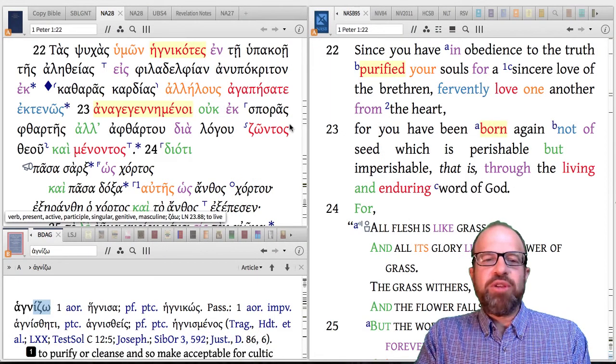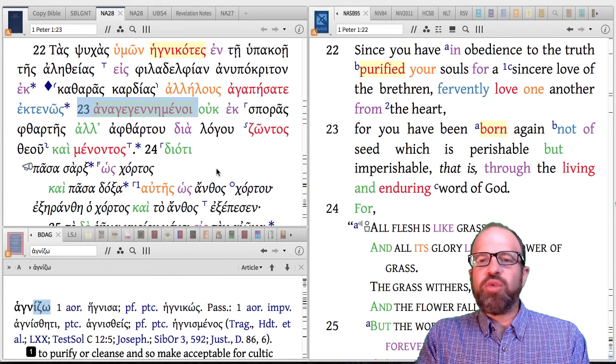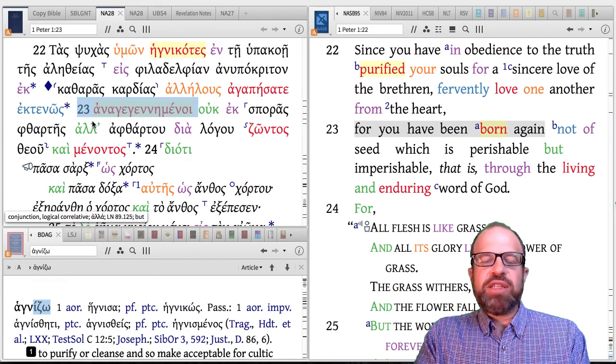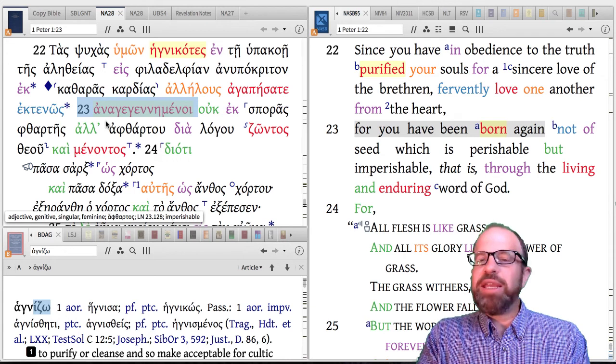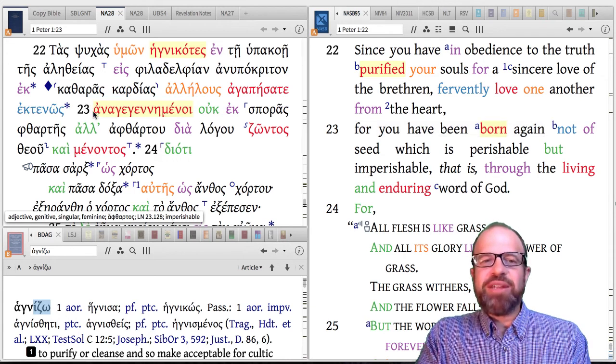Well, if we look at the context, we're not done. This verse actually continues in verse 23, and you can see there's no punctuation here, and we have a participle. Now this is a post-positioned participle, which means being born again. And notice that it's stressed.